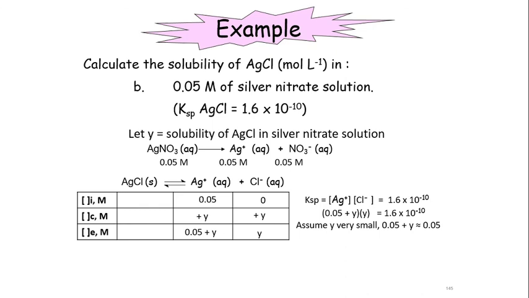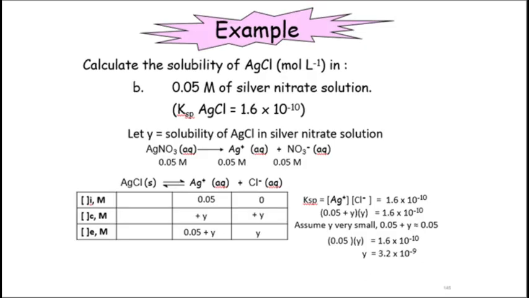Okay, so we solve for the unknown Y and we will get the solubility of AgCl as 3.2 times 10 to the power of negative 9.